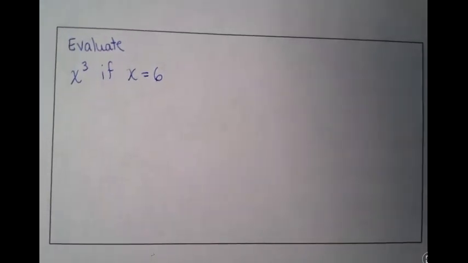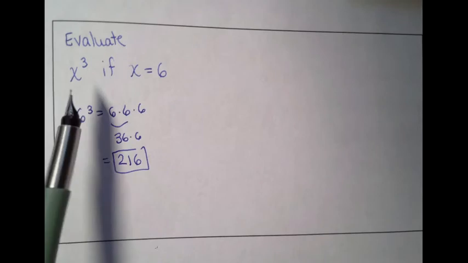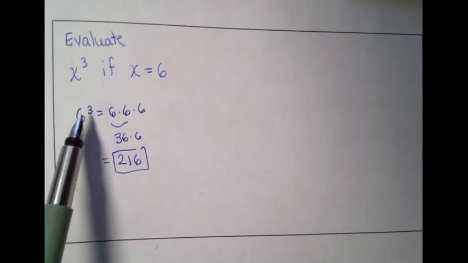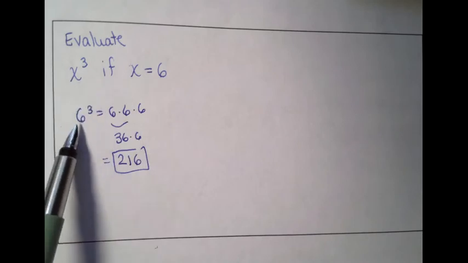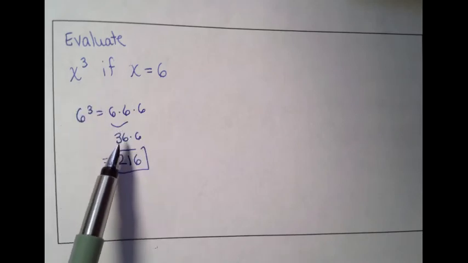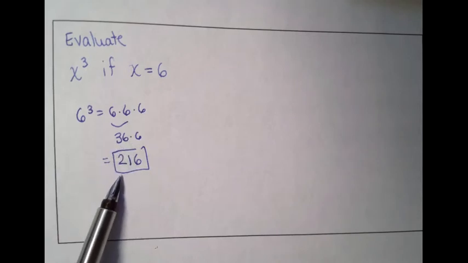So try that on your own. So checking the answer on this example, we have x to the third if x equals 6. So we just take 6 and replace it with the x. We have 6 to the third power, which is 6 times 6 times 6. I can group that into 36 times 6, which I've calculated to equal 216.